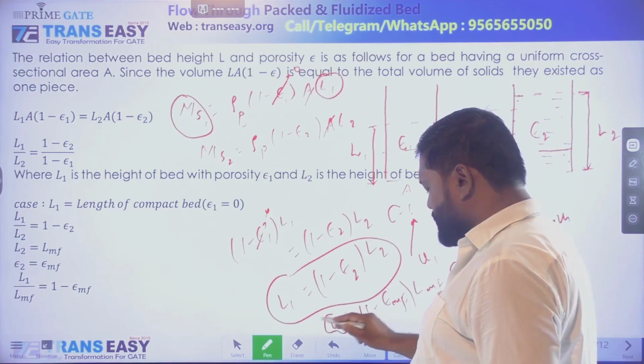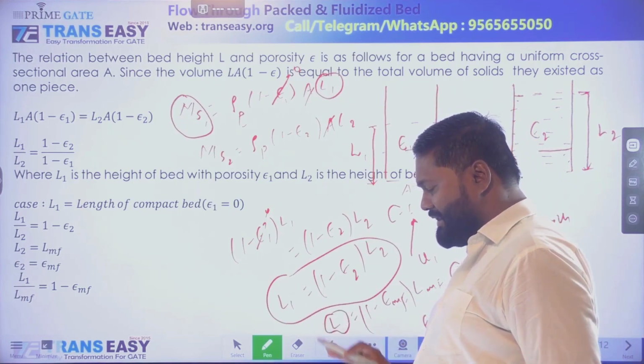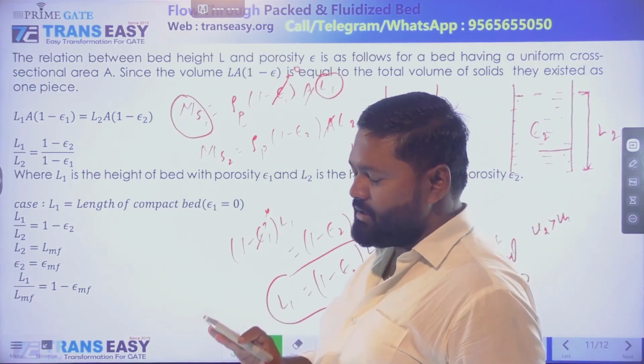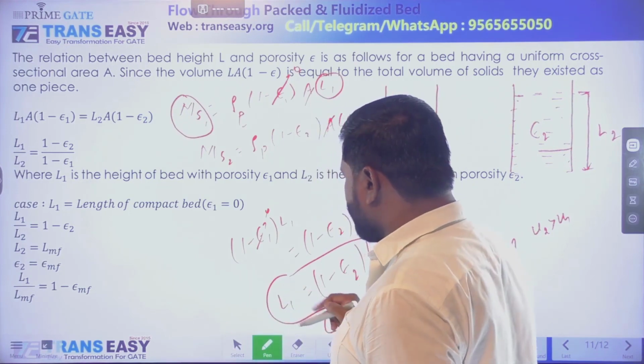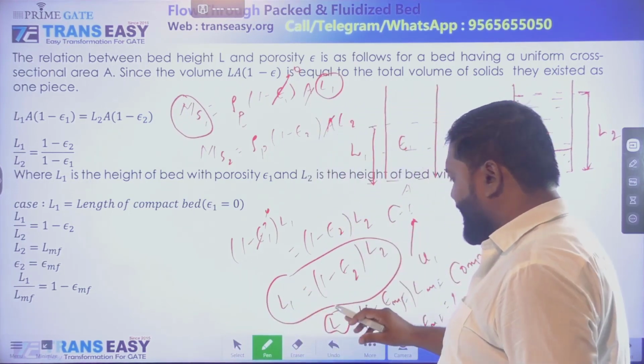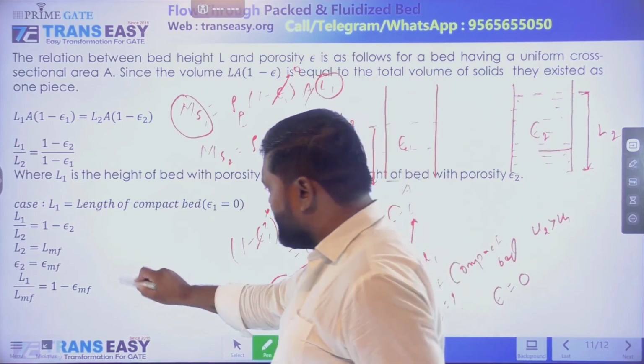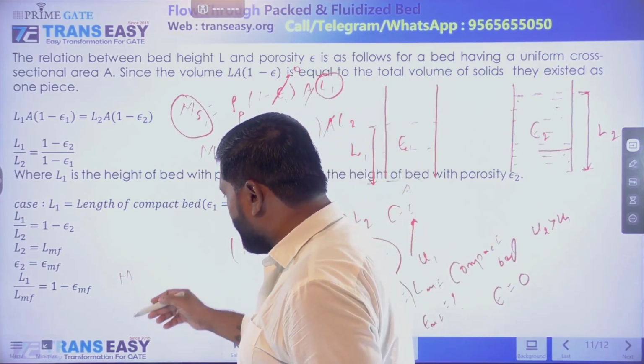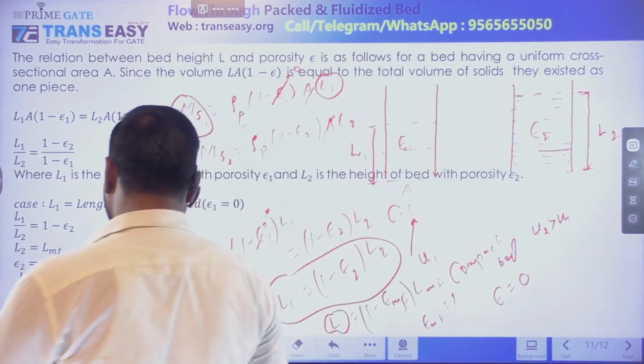L is not given in the problem; generally the initial height of the bed is not given. So guys, how to find L, that is the height of the bed initially before the minimum fluidizing condition.